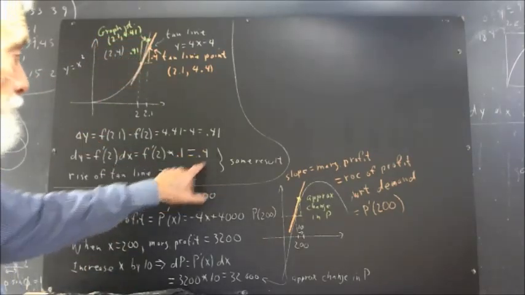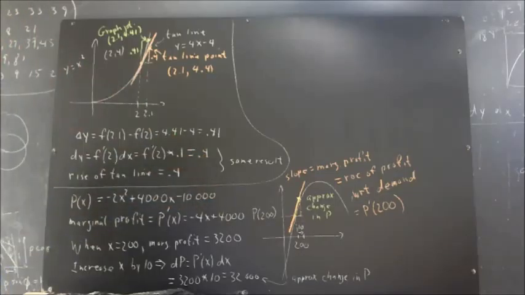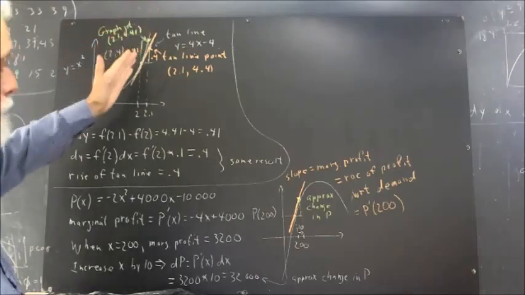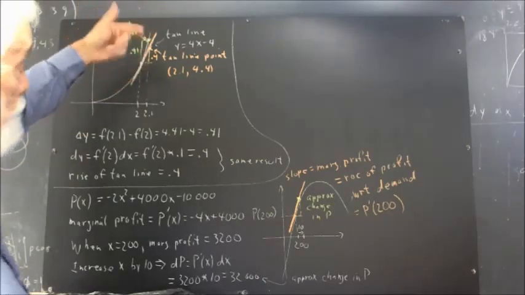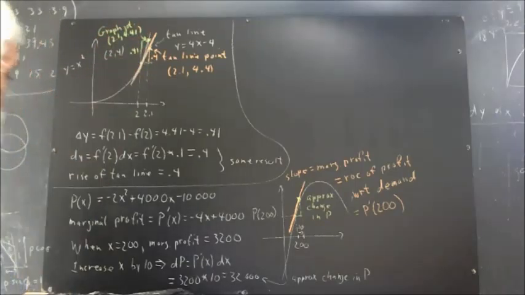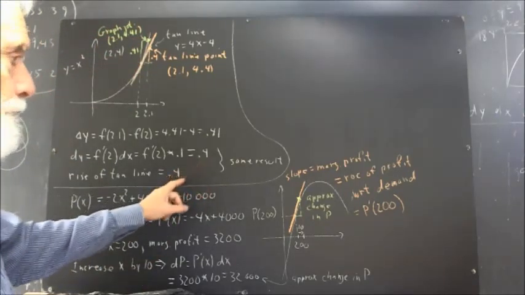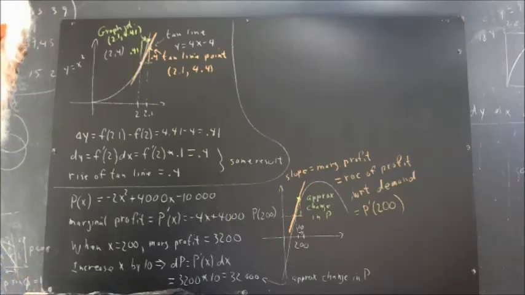These are exactly the same because the tangent line rises according to its slope, and its slope is what determines the equation of the tangent line. So if you think about it, these two results have to be exactly the same.